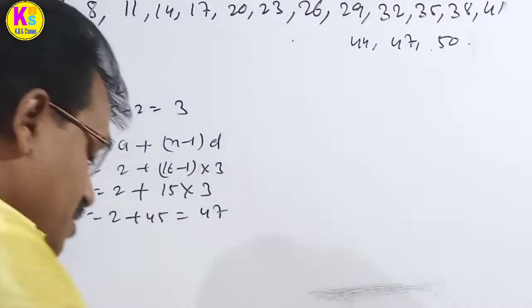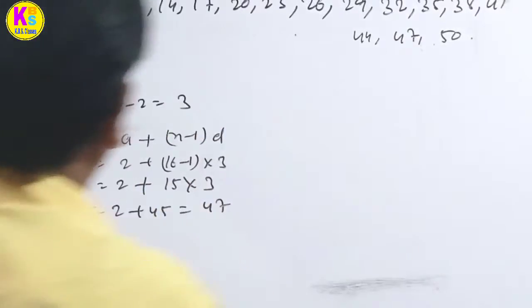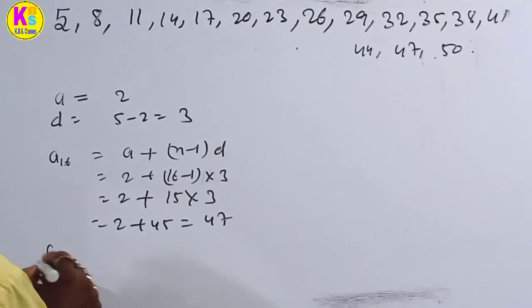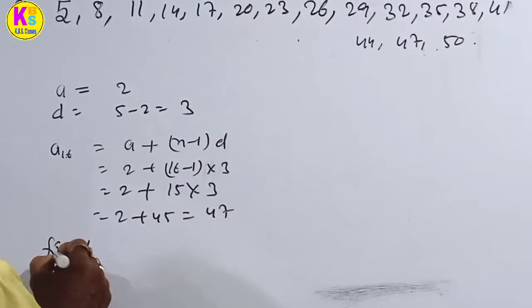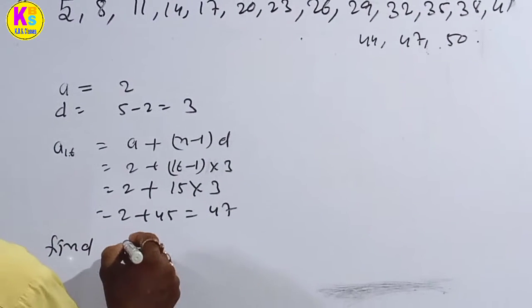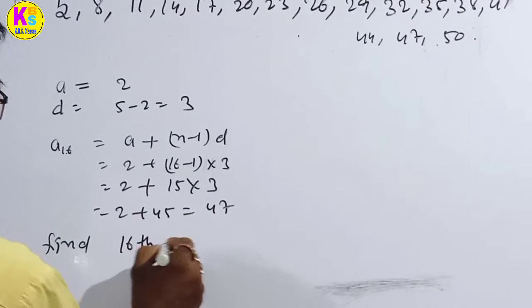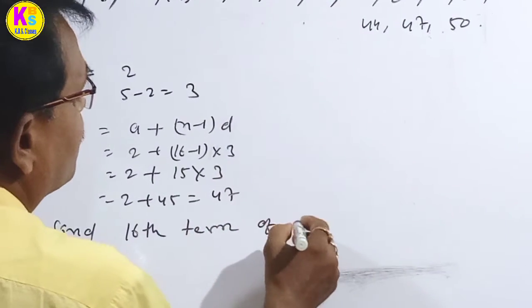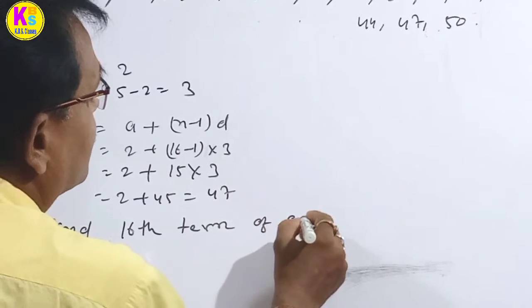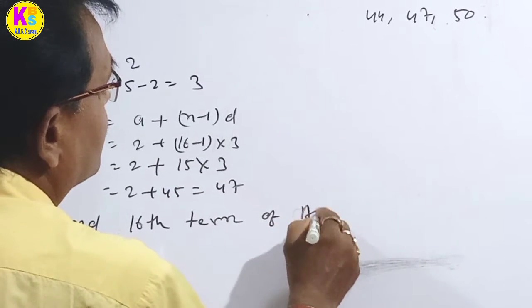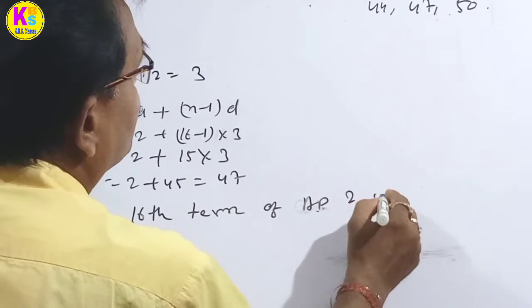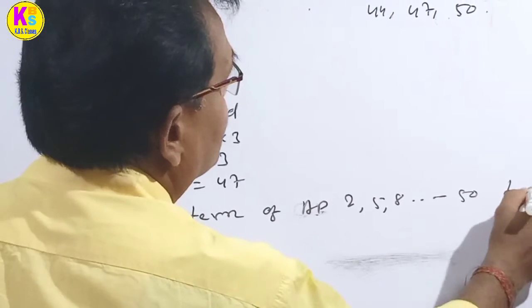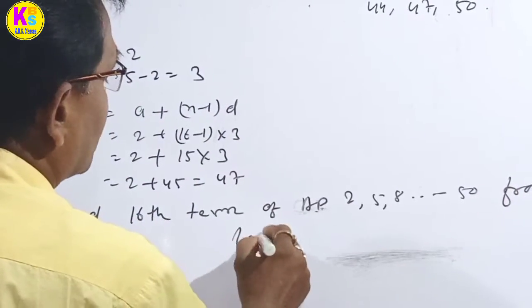And from the last, that means from the end. So find the 16th term of the AP 2, 5, 8, ... 50 from the last.